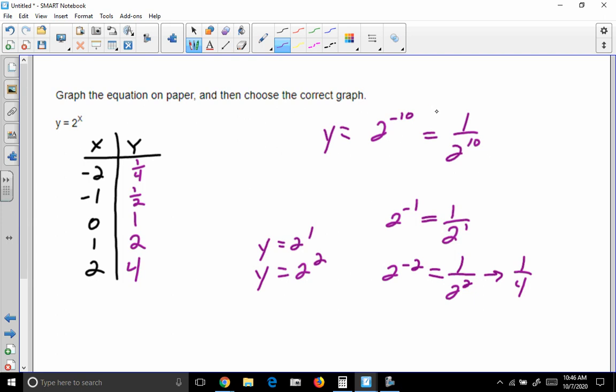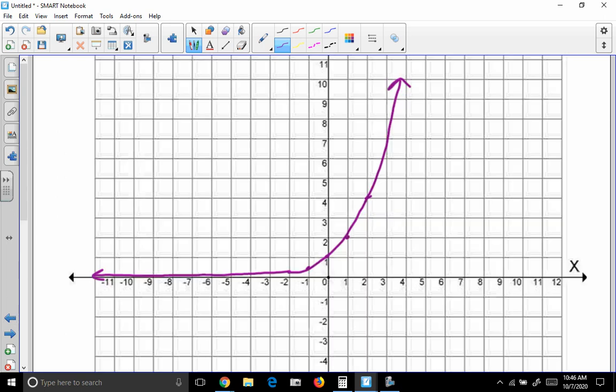And that's going to be true whether that's negative 10 or negative 100 or whatever. If we have a negative exponent, that actually moves it to the bottom. That quantity is positive, so we get a positive answer. But as this number gets more and more negative, this gets bigger and bigger, so this is getting closer and closer to 0. So we have a horizontal asymptote at the x-axis.